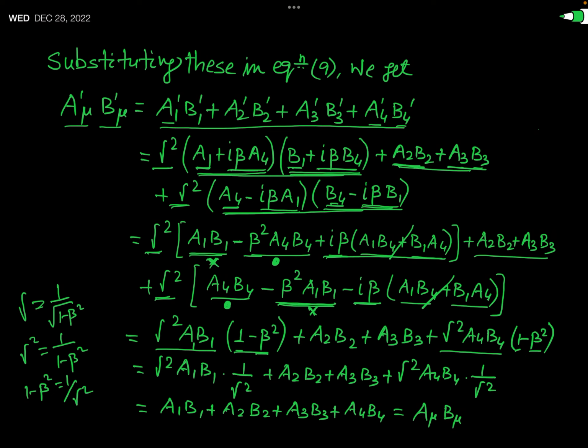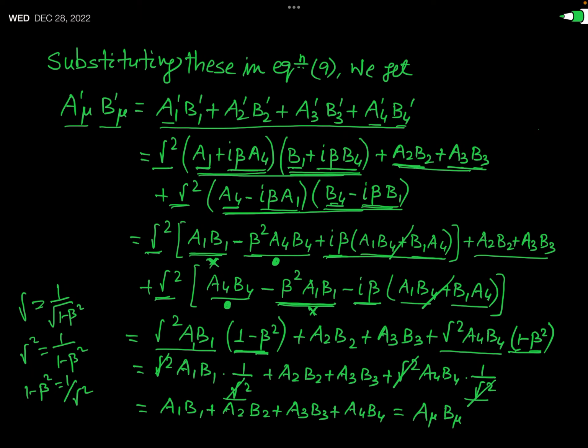So instead of this 1 minus beta square, I have written here 1 by gamma square. And also in the last term, this 1 minus beta square has been replaced by 1 by gamma square. Now this gamma square and this gamma square will cancel. This gamma square and this gamma square will also cancel. So what are the remaining terms?